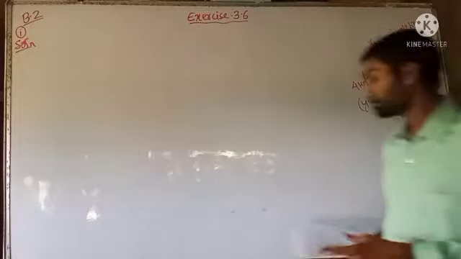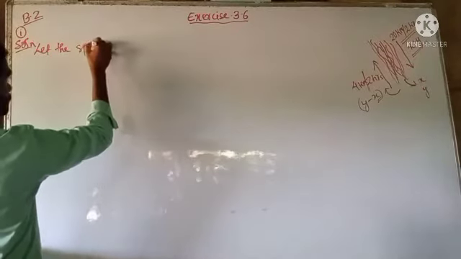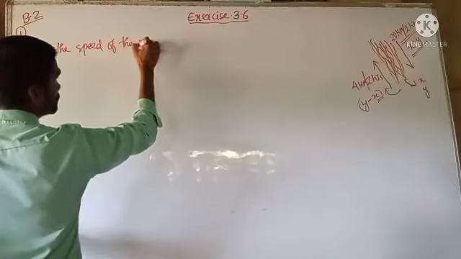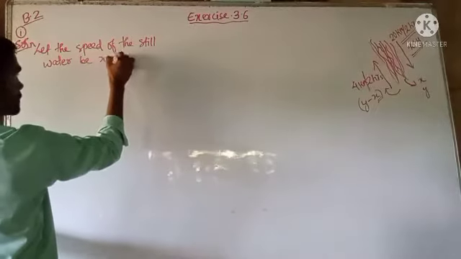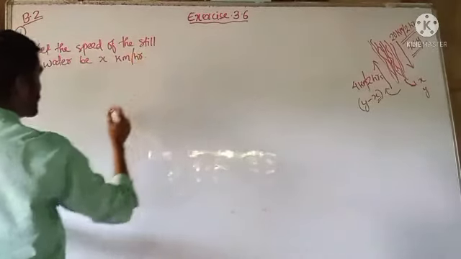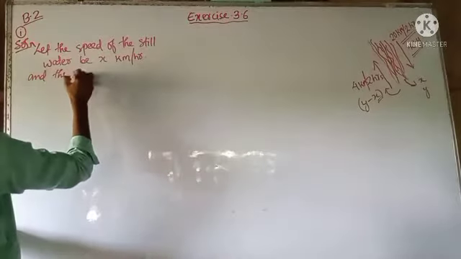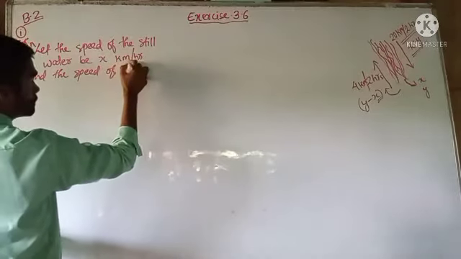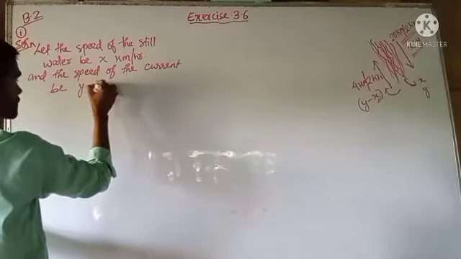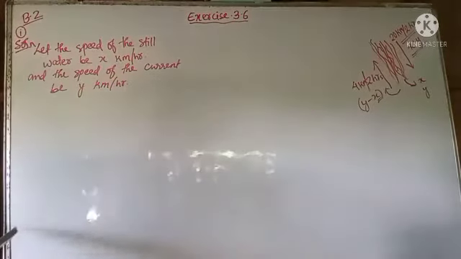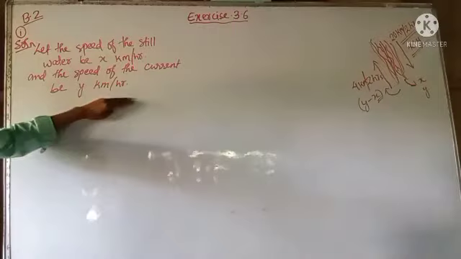So we'll take it as: let the speed of the still water be x km/h and the speed of the current be y km/h. Here we are taking the speed of the still water as x km/h and the speed of the current as y km/h.